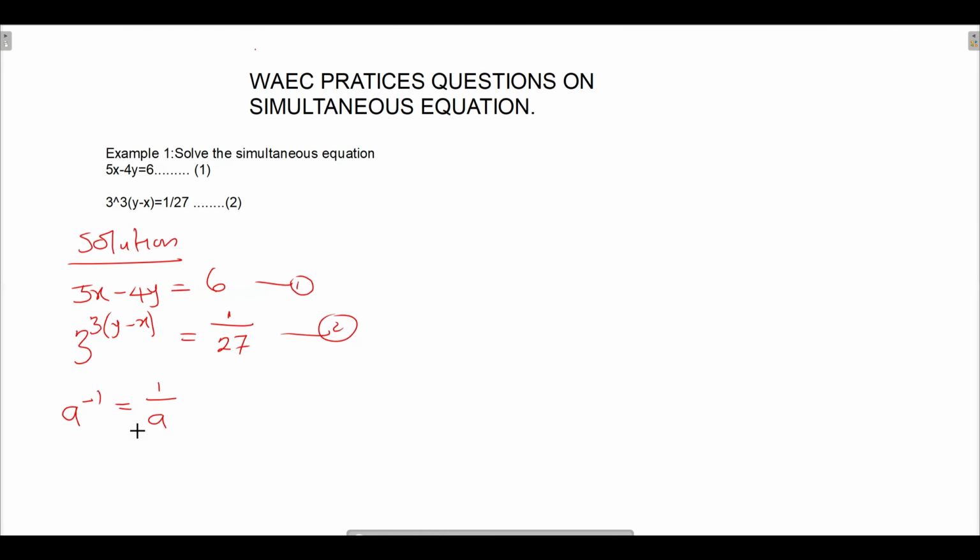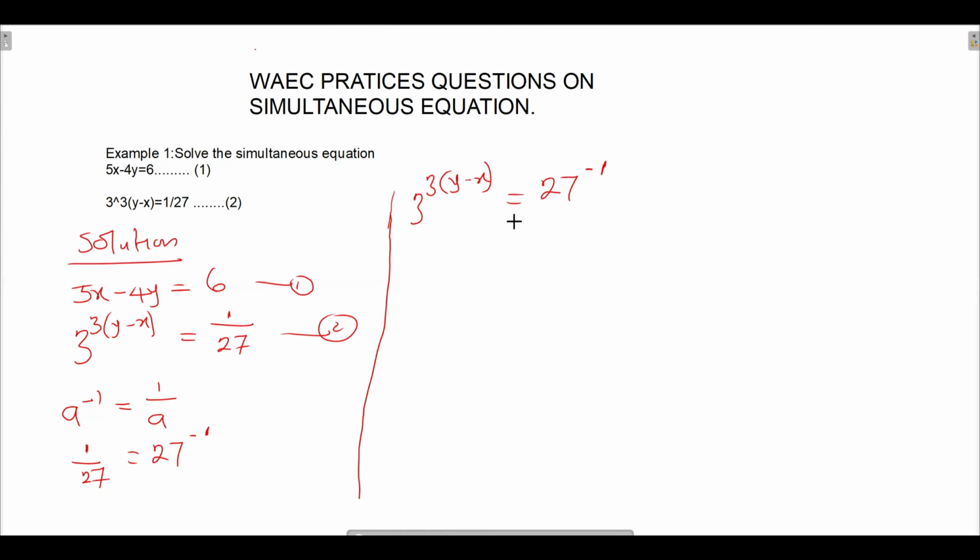If a here is 27, I can rewrite 1 over 27 as 27 raised to the power of minus 1. So I can have 3 raised to the power 3 into brackets y minus x is equal to 27 raised to the power of minus 1.